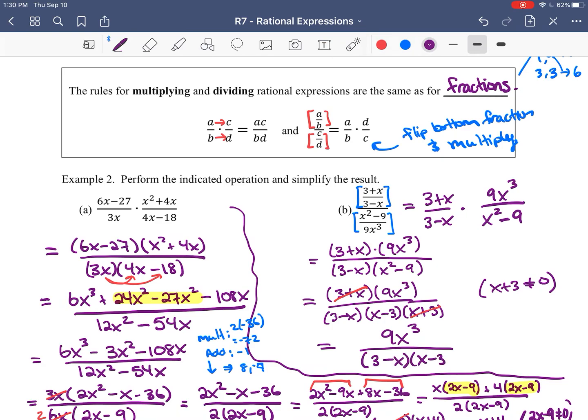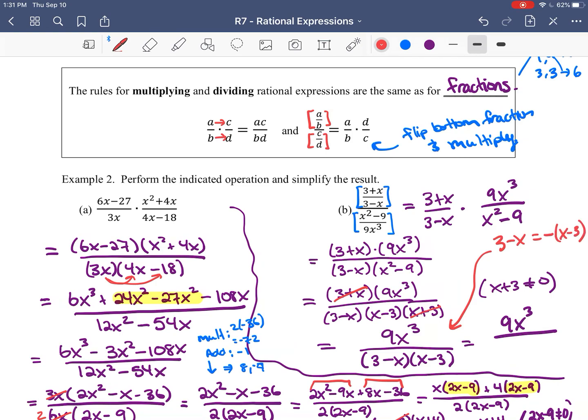And the bottom is going to be 3 minus x times x minus 3. Now if you wanted to simplify this further, I didn't leave myself a lot of room here, but 3 minus x, I'm just going to write it on the side here. 3 minus x is actually negative x minus 3.